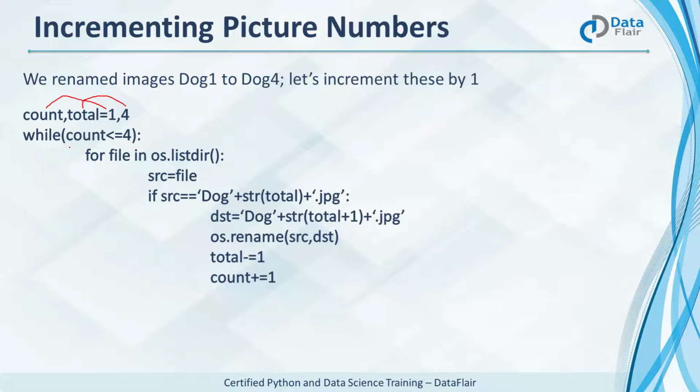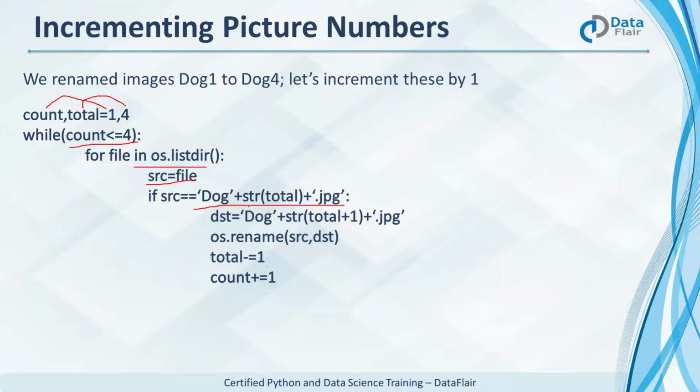Until count becomes greater than 4, for each file in list dir, source is the file name. If this is equal to dog, total, and .jpg, here we convert total to string and concatenate all of this. Also, total is 4 right now, so this begins with checking for the picture dog4.jpg.